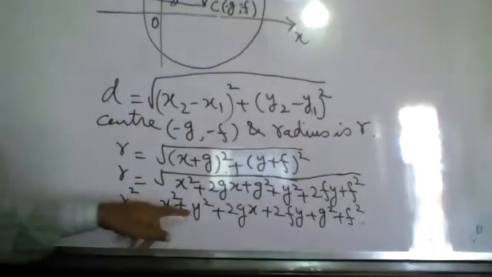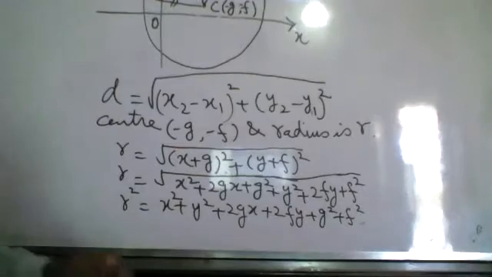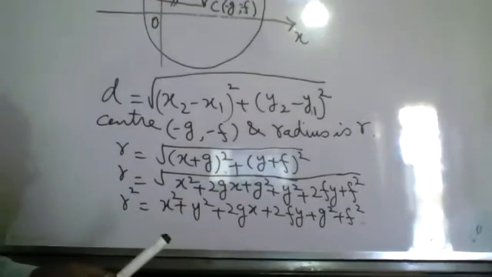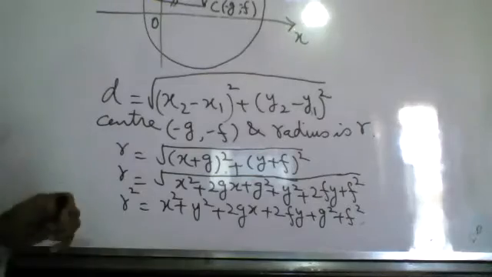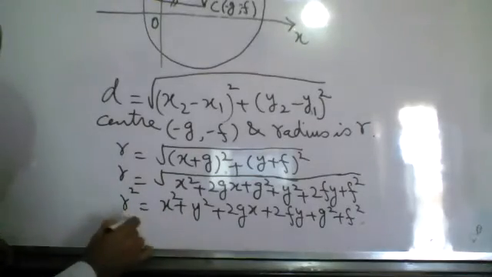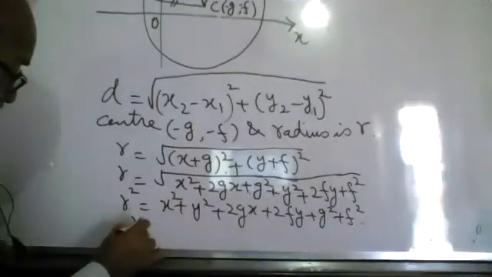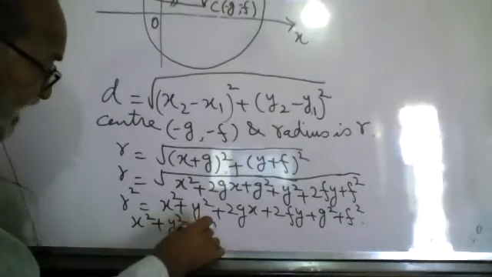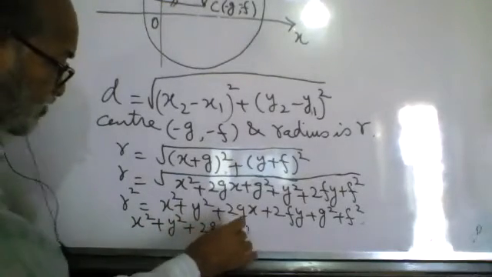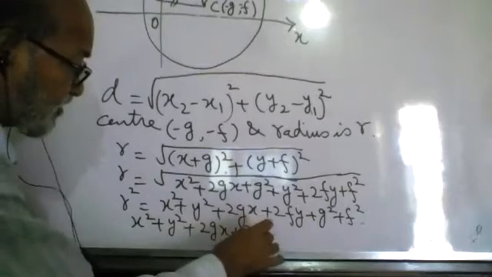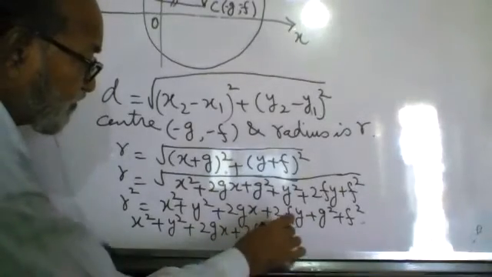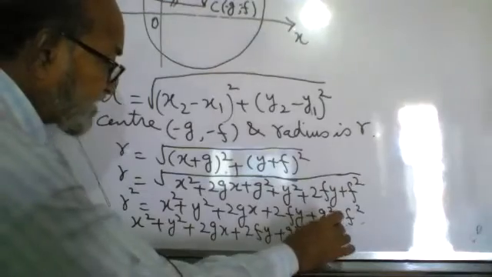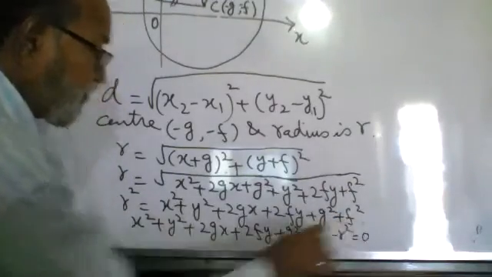So we will further simplify. It will become x square plus y square plus 2gx plus 2fy plus g square plus f square minus r square equal to 0.